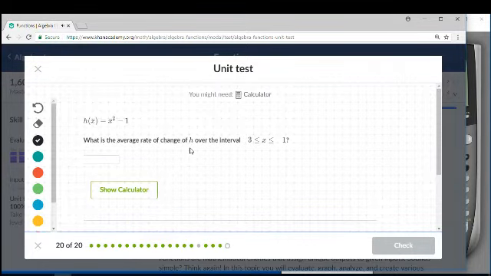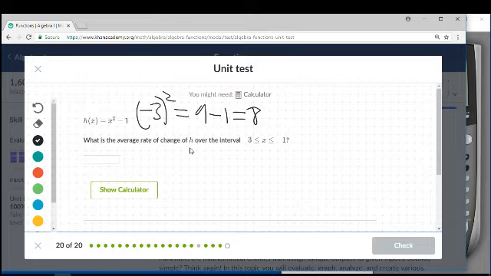All right. What's the average rate of change over the interval negative 3 to negative 1? Well, when x is negative 3, negative 3 squared is equal to 9, minus 1 is equal to 8. And then 1 squared minus 1 is equal to 1 minus 1 is equal to 0.